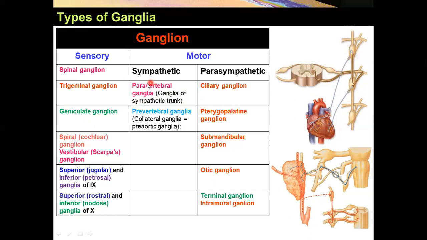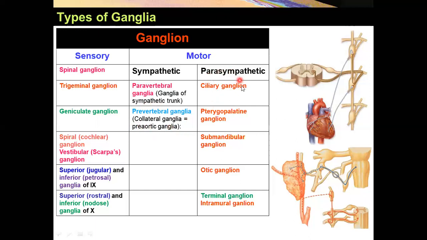We're gonna look at this paravertebral ganglia shortly in detail. And there are also prevertebral ganglia. These are the collateral ganglia or the pre-aortic ganglia. And we're gonna also look at this ganglia in detail.